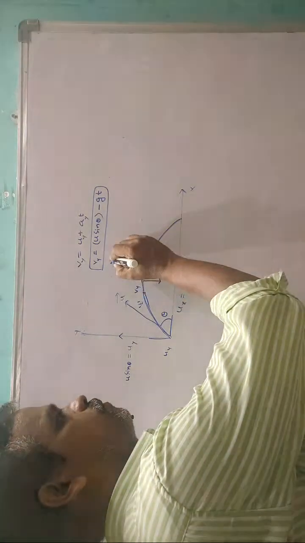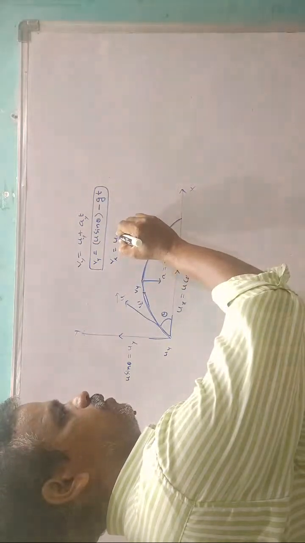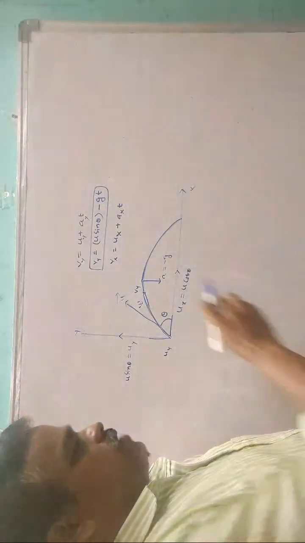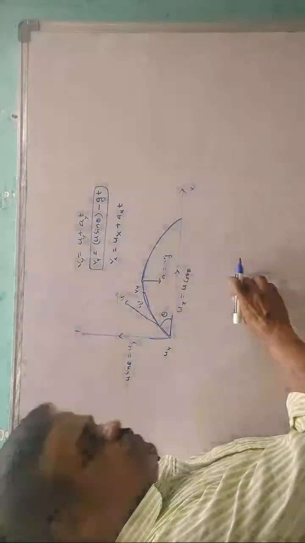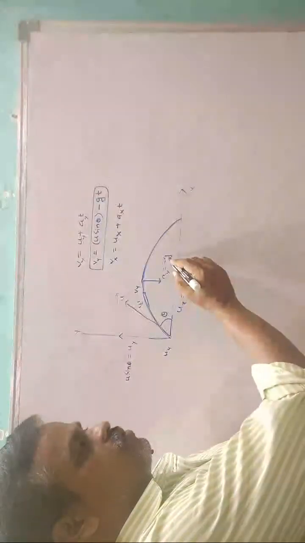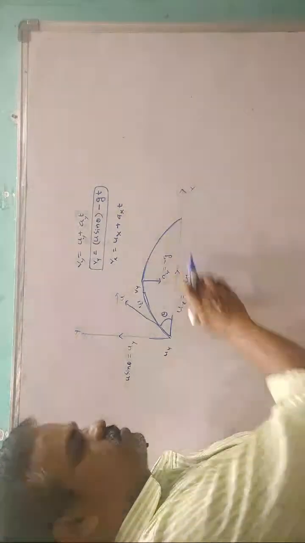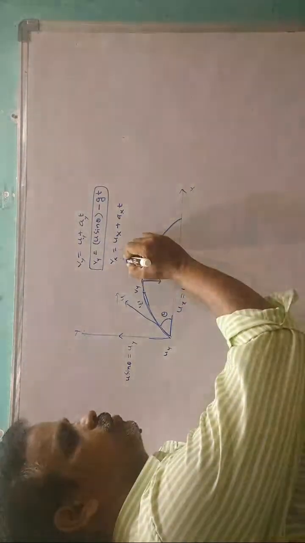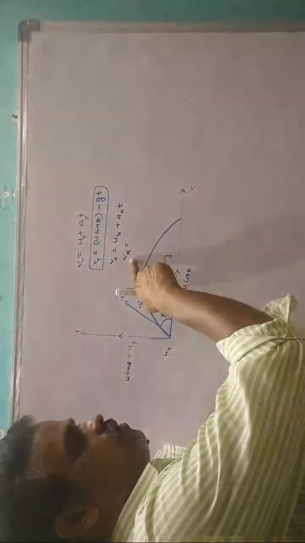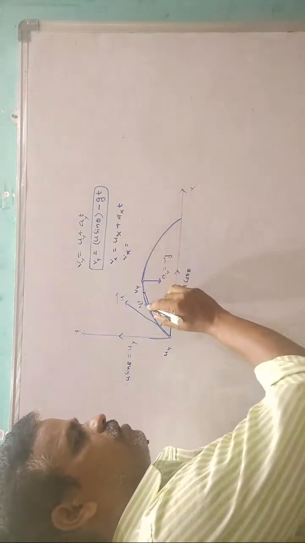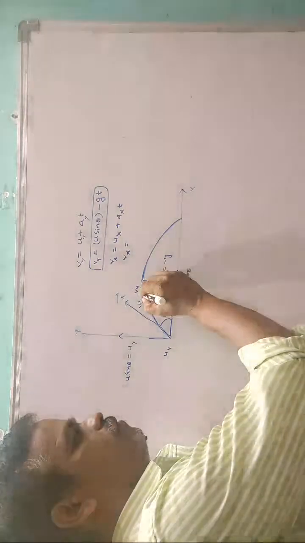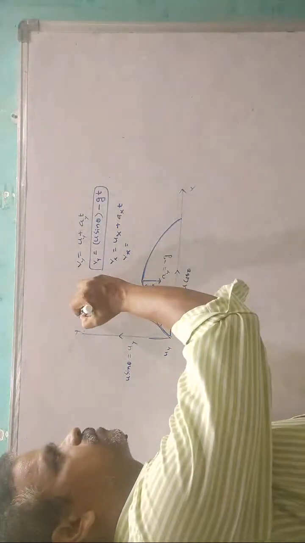What about along the x-axis? vx equal to ux plus ax into t. The acceleration is in the downward direction, that is, along the y-axis, the vertical direction, equal to minus g. Along the x-axis it has no acceleration. So vx is the velocity along the x-axis after time t. Here vx and vy, two components, will be there.